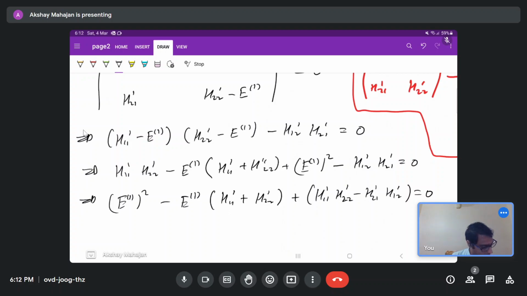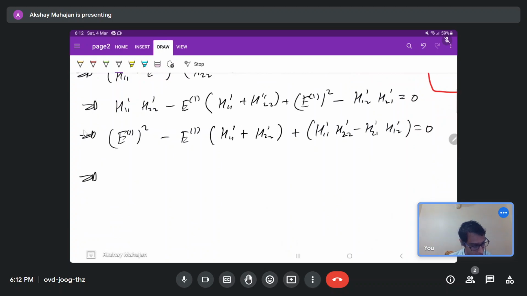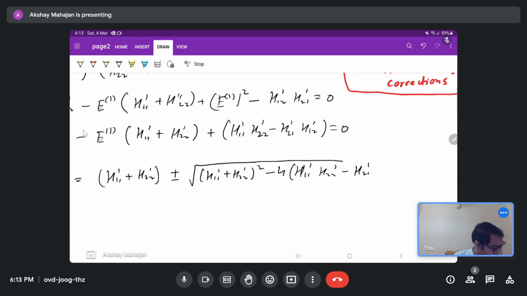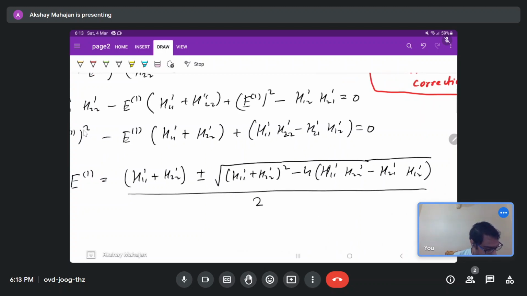Alright, let me just check, okay, this is right, and thus at the end your first order energy correction, so we will get two values of this quadratic equation: h11 prime plus h22 prime, plus or minus the square root of (h11 prime plus h22 prime) whole square minus 4 times (h11 prime h22 prime minus h21 prime h12 prime), this whole divided by 2.